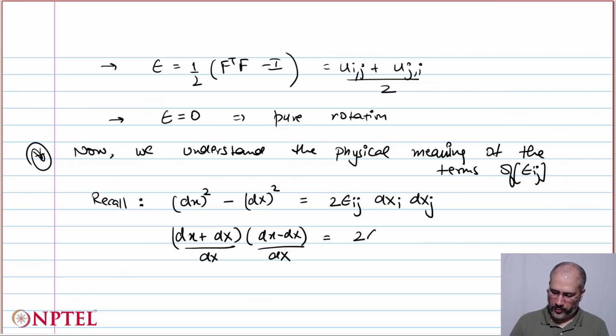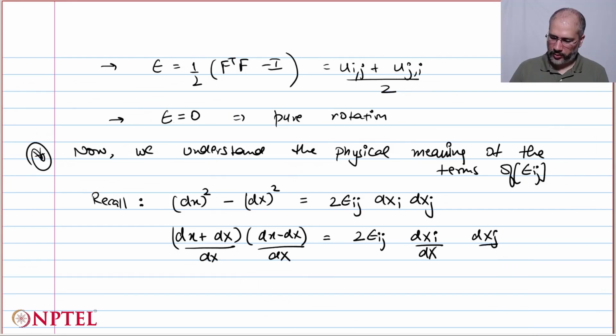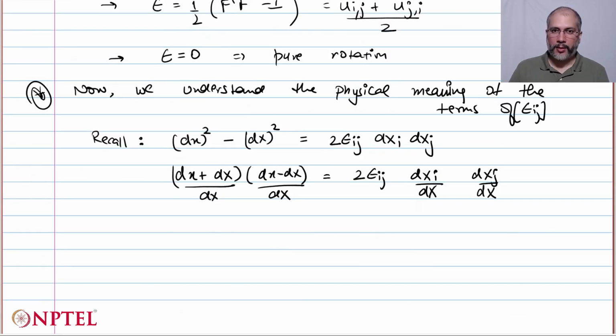So this becomes twice epsilon_ij times dX_i upon the magnitude of dX times dX_j upon the magnitude of dX. Now we're talking about small deformations. So the sum of d small x and d capital X is approximately twice d capital X. So if I divide that by d capital X, I will get a 2 approximately here.